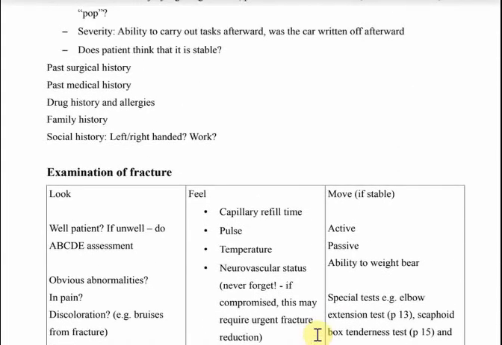And it's useful to get a drug history and allergies, any family history, and social history, mainly what occupation the patient works in and whether the patient is right-handed or left-handed.